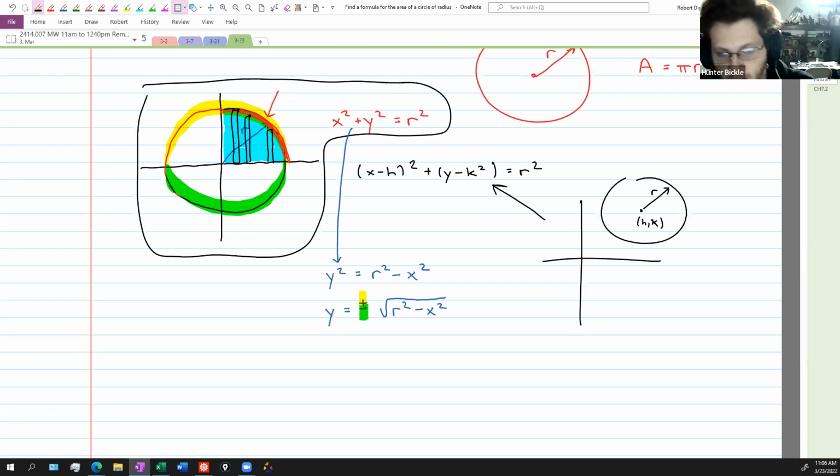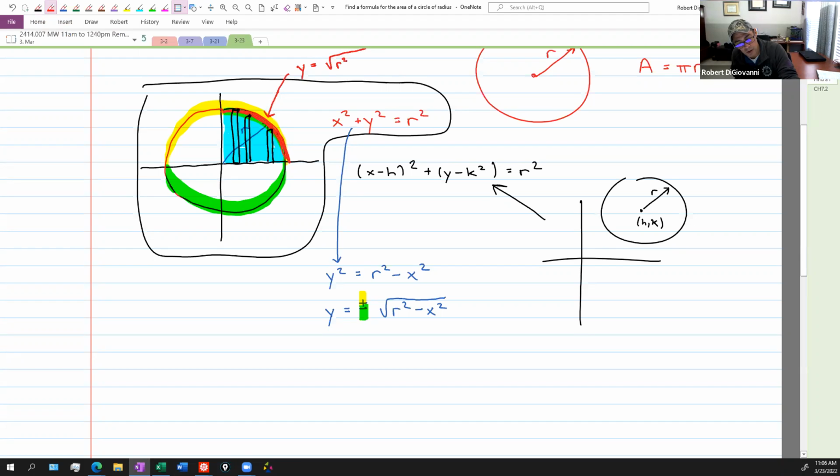Yes, y equals the positive square root of r squared minus x squared. And what would the bottom function be? It's always just the ground, right? Yeah, y equals 0.